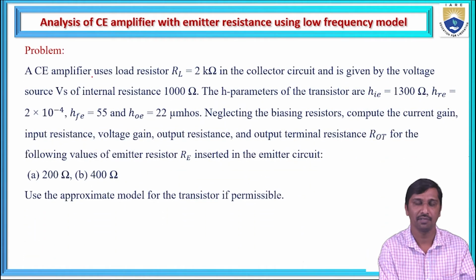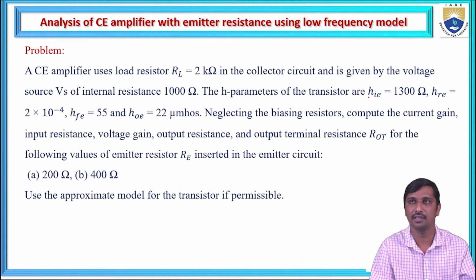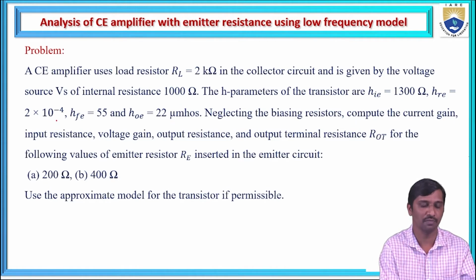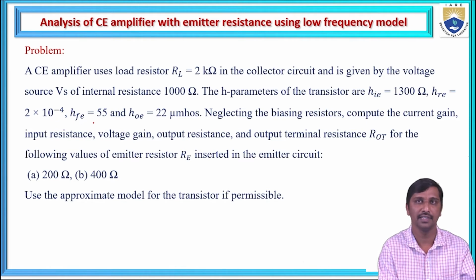A common emitter amplifier uses a load resistor, that is RL, of 2 kilo ohms in the collector circuit and is driven by the voltage source Vs, whose internal resistance is 1000 ohms. The h-parameters of the transistor are hie is 1300 ohms, hre is 2 into 10 to the power of minus 4, hfe is 55, and hoe is 22 micromhos.